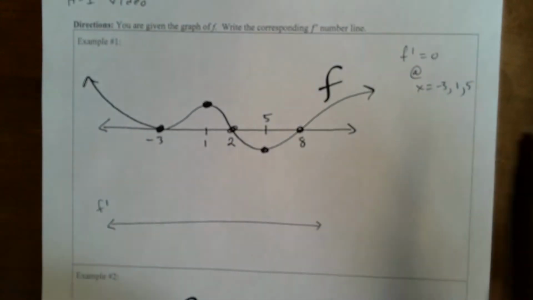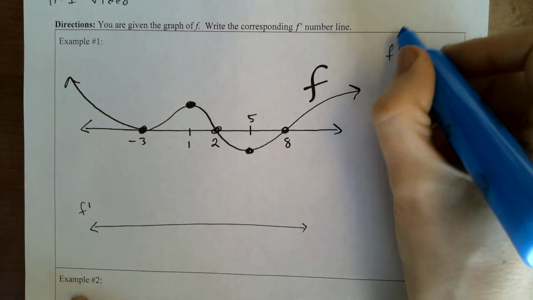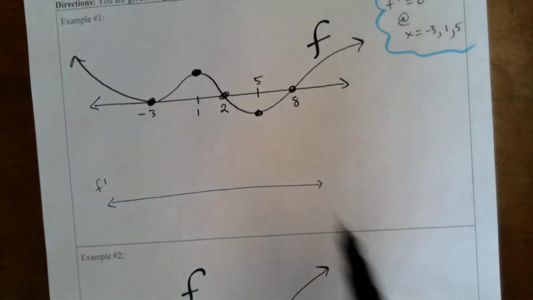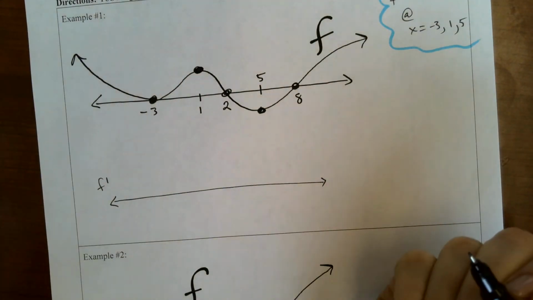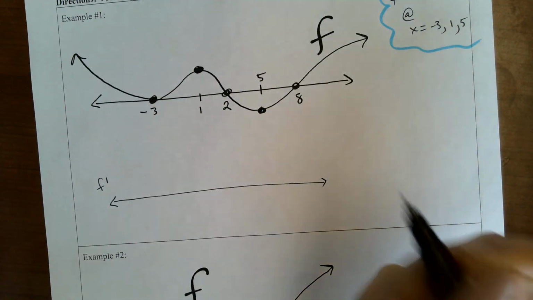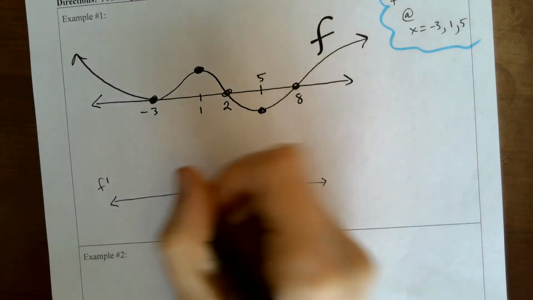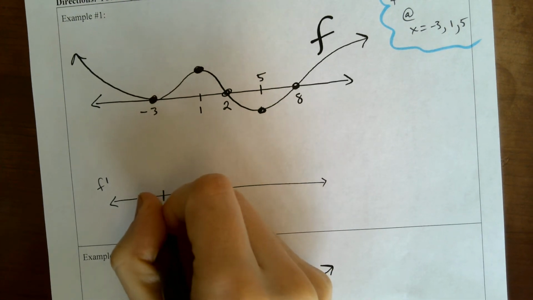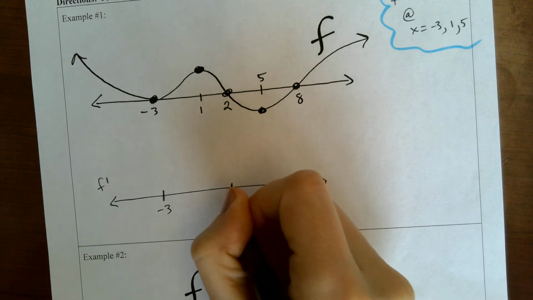Once you have figured out where f prime is 0, then you're going to put those on the number line. So I'll put a line like that. There's -3, it doesn't have to be perfect.